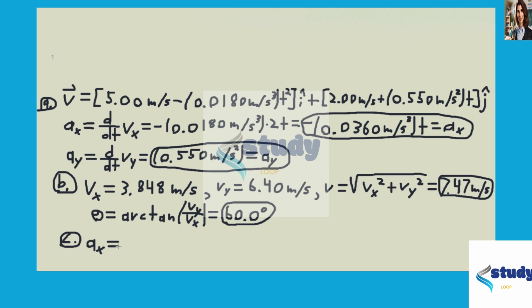I plug in t equals 8 in the equation for ax, and I'm going to get negative 0.288 meters per second squared.